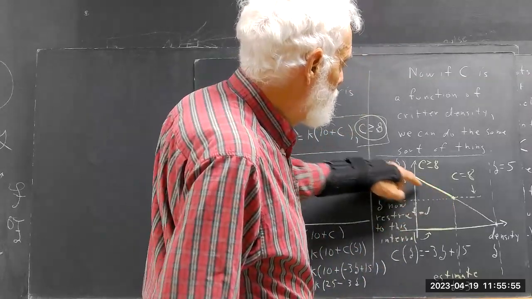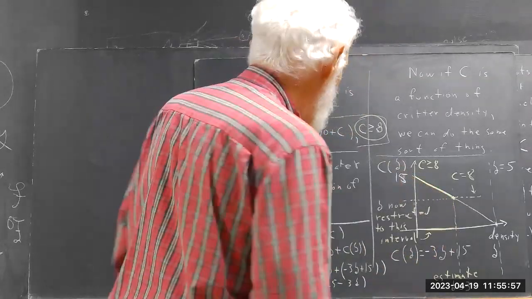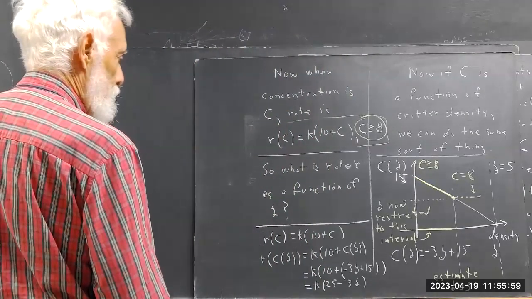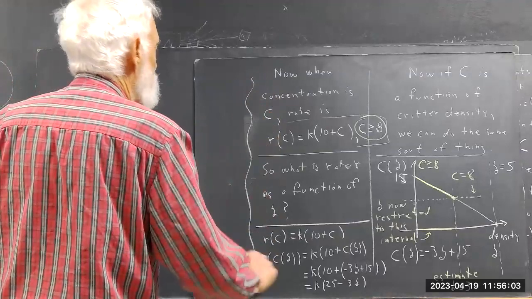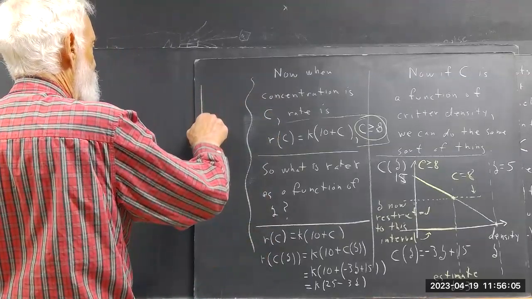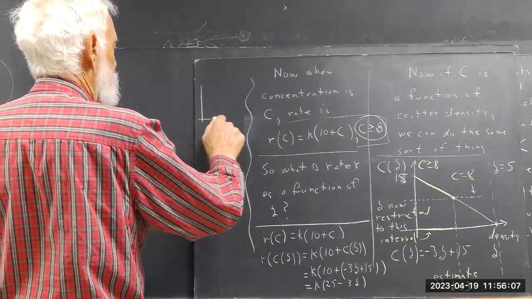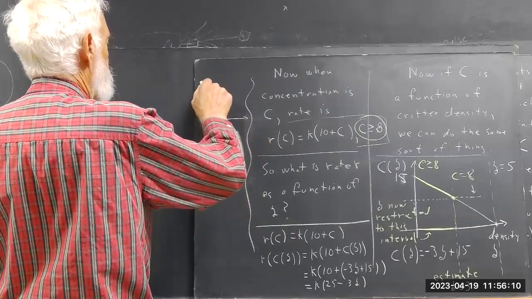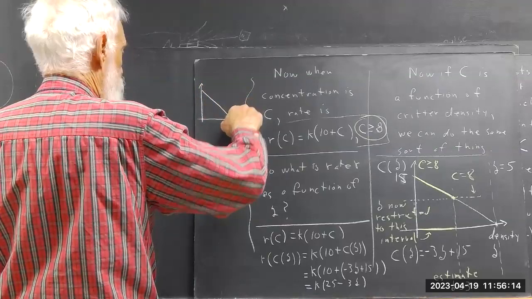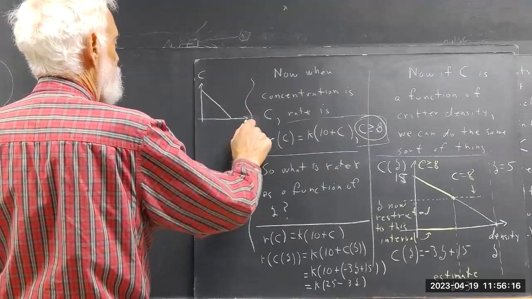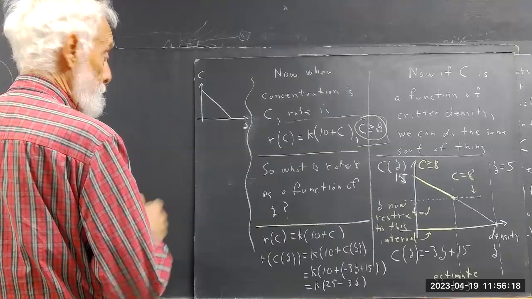Well, can we figure out what the restriction on C really needs to be? Going to do this in a couple of ways. We're going to get to an algebraic way to do it. Here's again C versus delta.